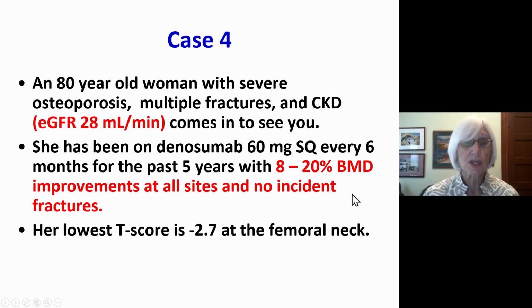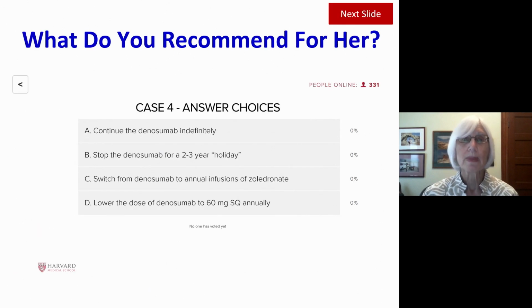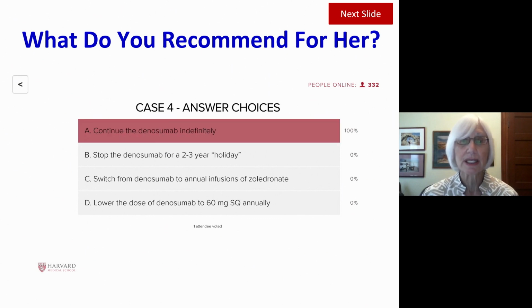Her lowest T-score remains in the osteoporotic range at the femoral neck, minus 2.7, but she hears about drug holidays and asks if she can have a drug holiday for 1 or 2 years. So what do you recommend for this patient? A, continue the denosumab indefinitely.